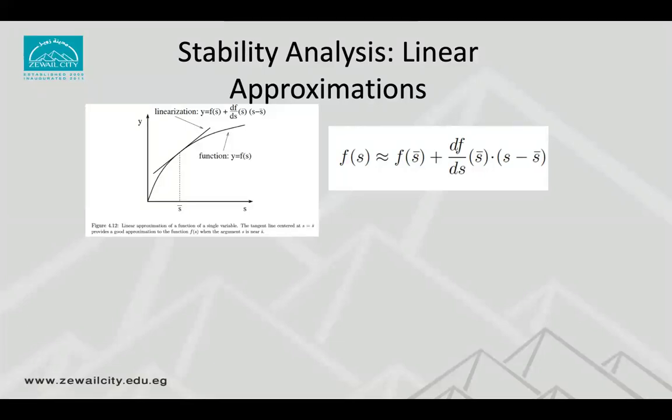We may have a very complex system, and it would be very difficult for us to solve it completely. But for any given initial condition, what we're interested in is the direction of change.